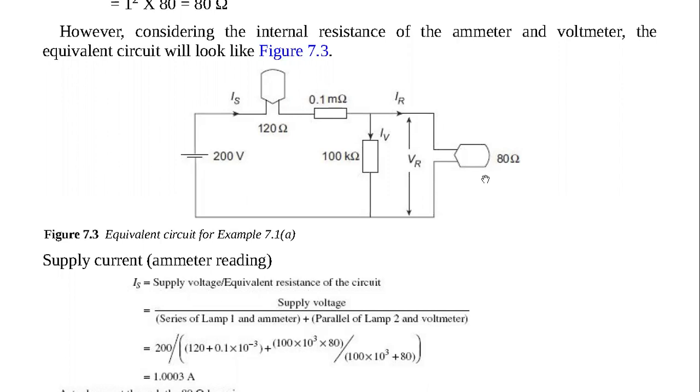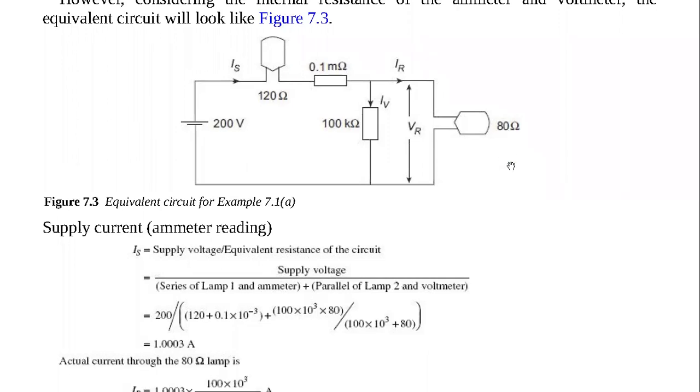So let us see what the reading in the ammeter will be once we factor in the errors resulting from the resistances of the instruments, both the ammeter and the voltmeter. The supply current, or the reading in the ammeter, will be what?